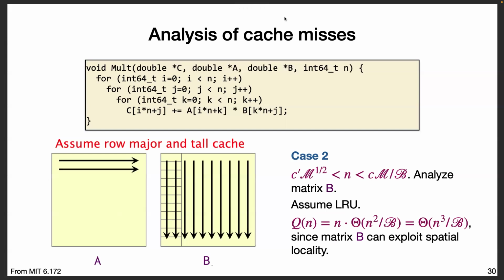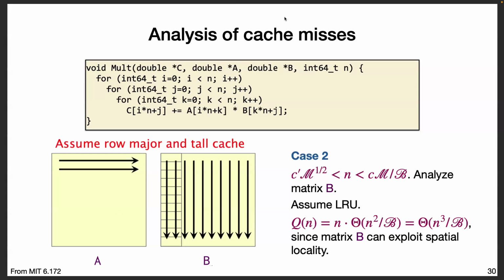And then in case two, n is somewhere between root M and cM over B. So one column of blocks can fit in the cache, but the whole matrix does not fit in the cache because n squared is more than M. We do a similar argument. We read this and then this way. But now, because we're in this case, this block is still in the cache by the time we got here.